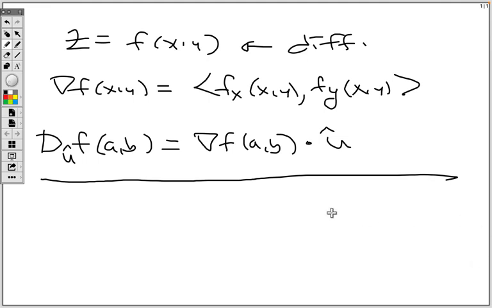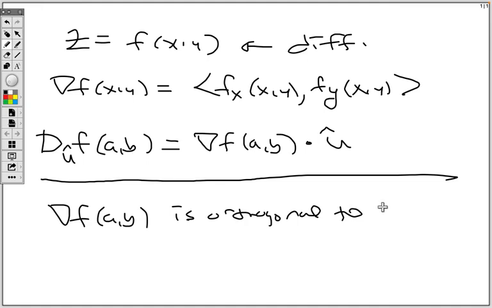But one of the properties we talked about yesterday that the gradient has, because of the chain rule, is that the gradient of f at a, b is orthogonal to the level curve f of x, y equals f of a, b at the point a, b.